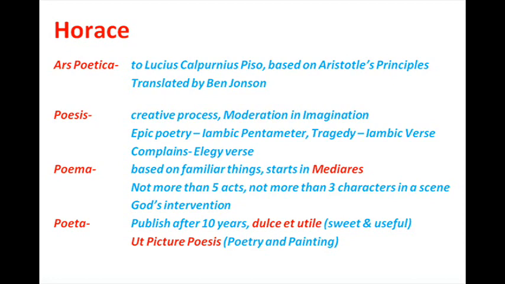And then the last one is again that term I mentioned, ut pictura poesis. This is for as in painting, so as in poetry. It means painting and poetry both are almost the same thing, of the same caliber, the same class and quality. So these were the three main segments of Ars Poetica written by Horace.